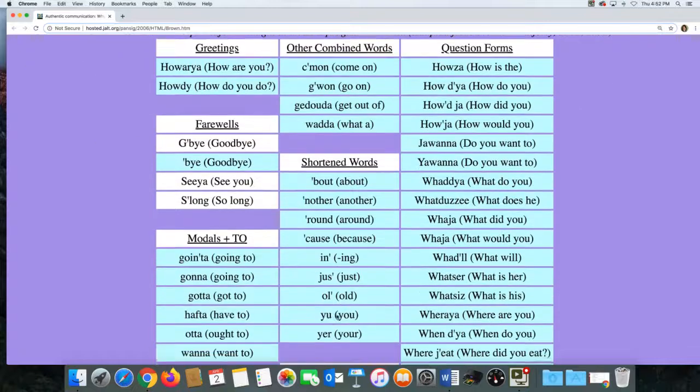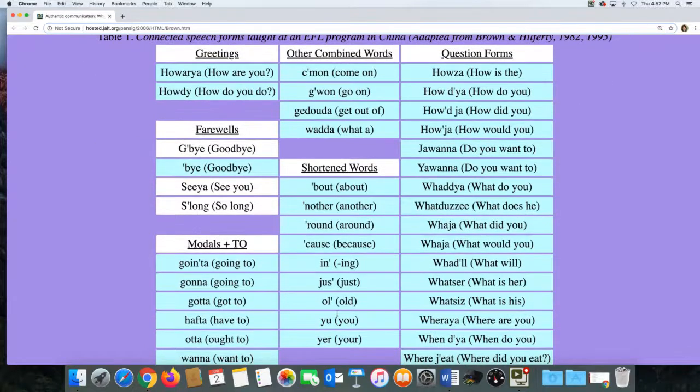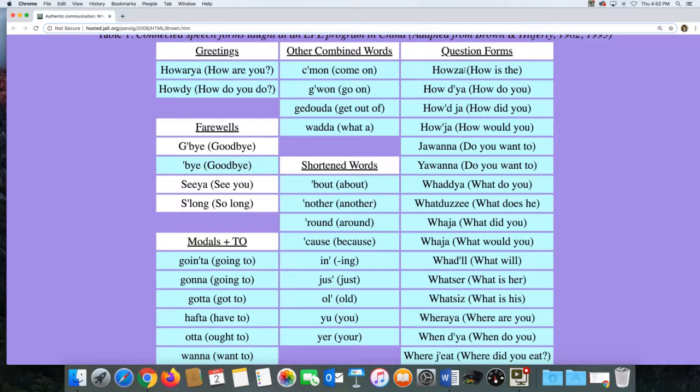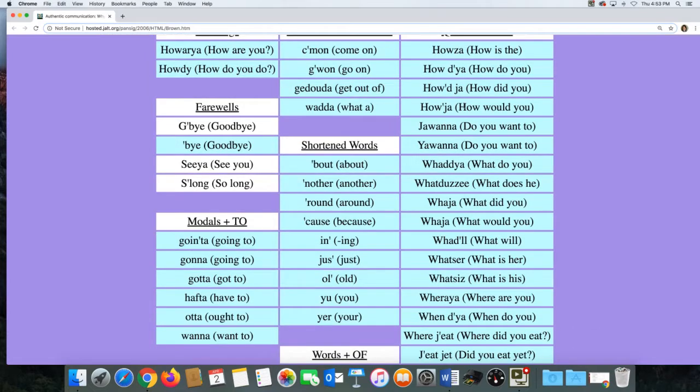And then finally the question forms, many of which we already did. And some of these are not exactly spelled the same way, but the sound is the same. So again, I will just read out the shortened forms and have you repeat them after me. So for how is that becomes howza. How do you becomes how'd ya. How did you becomes how'd ya. How would you becomes how'd ya.